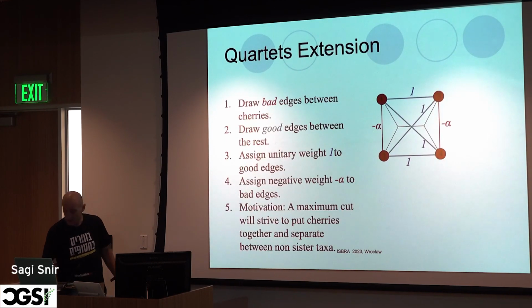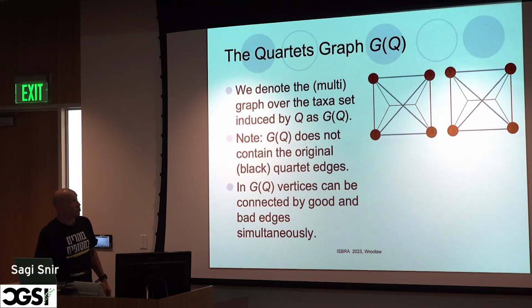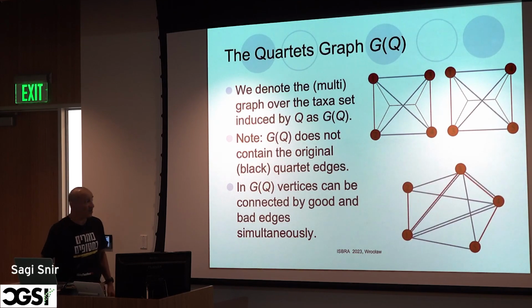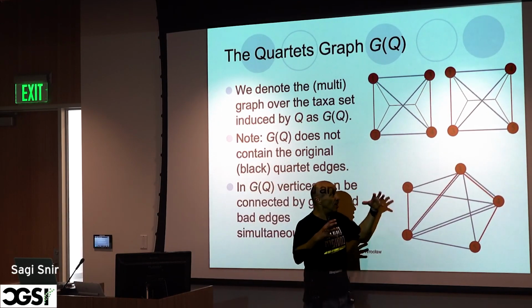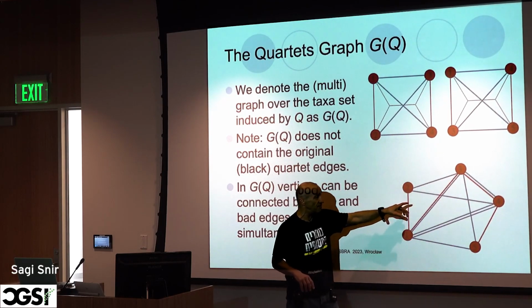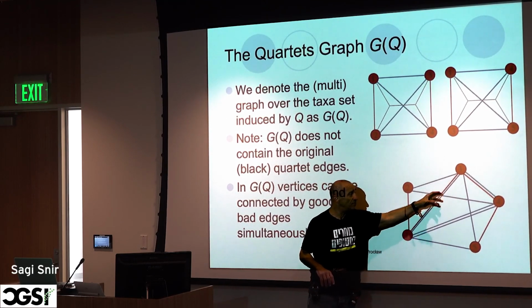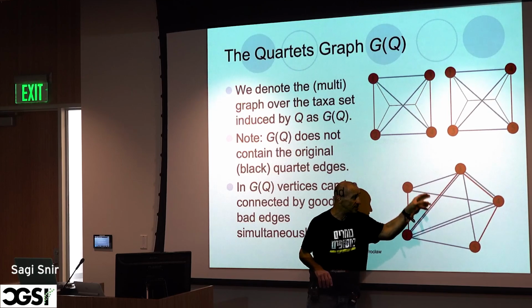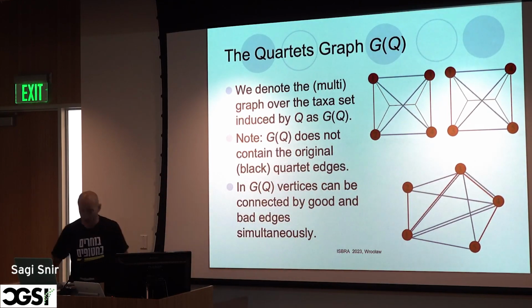Okay, so this is the quartet graph. So all these quartets somehow combine and build a big connectivity graph. We have here jointly bad and good edges, and here we run the same MaxCut algorithm.